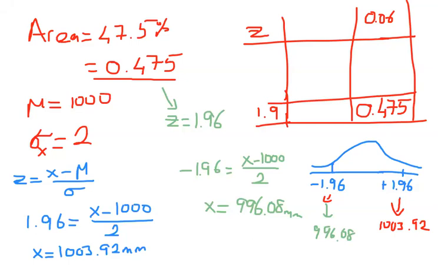So this concludes that we can expect the middle 95% of all the sample averages to be between 996.08 and 1003.92. Okay.